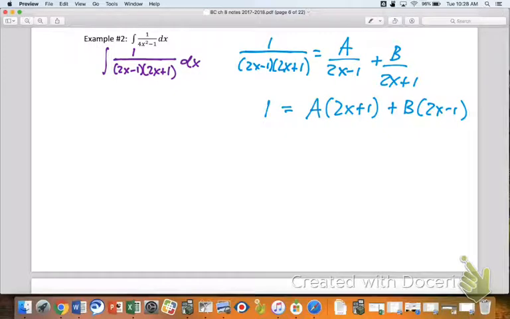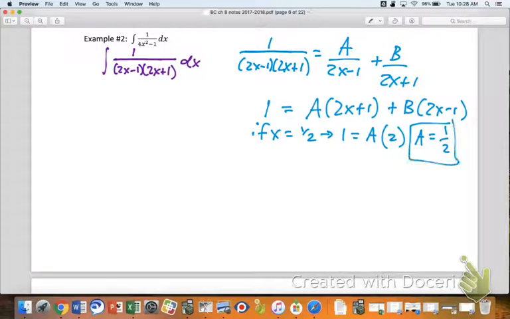And then to be able to solve for A and B, I basically have to plug in either 1/2 or negative 1/2. So if x equals 1/2, then I get 1 equals A times 2, right? So therefore, A would equal 1/2. Does that make sense?